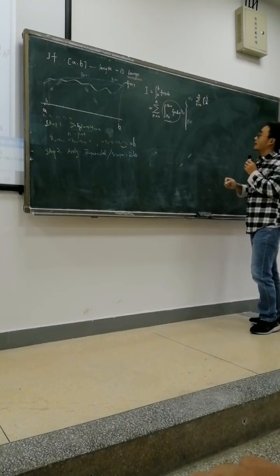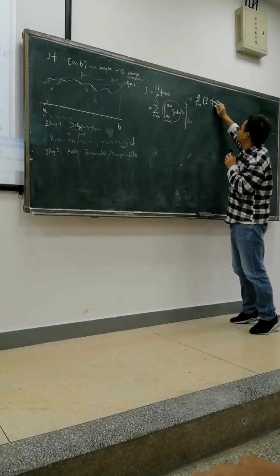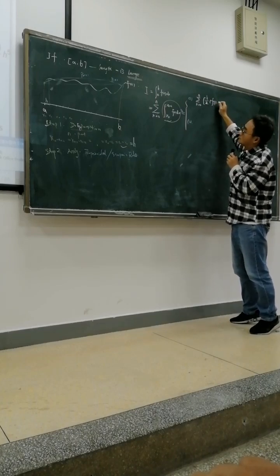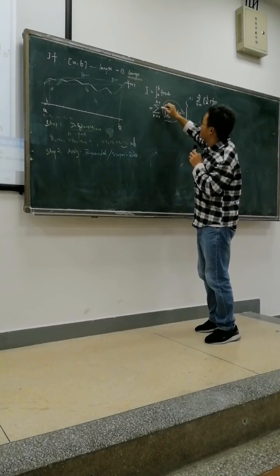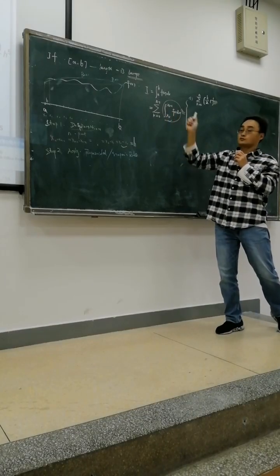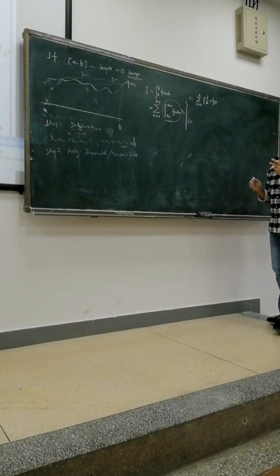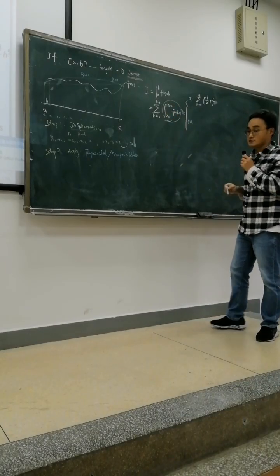H over 2, and the inside is f of xk, f of x_{k+1}, right? Here k goes from 0 to n minus 1.